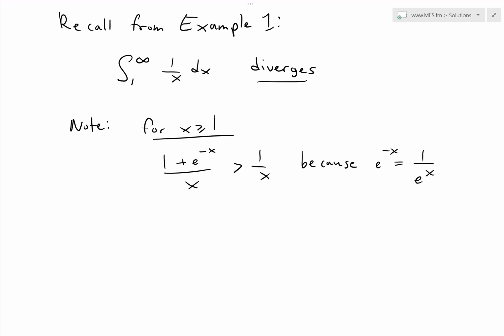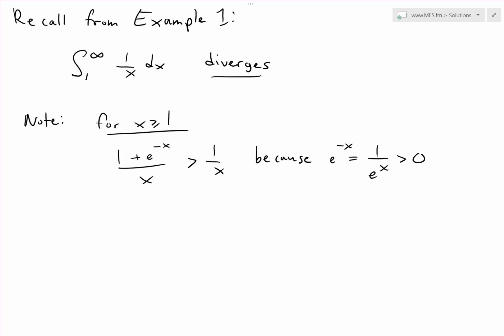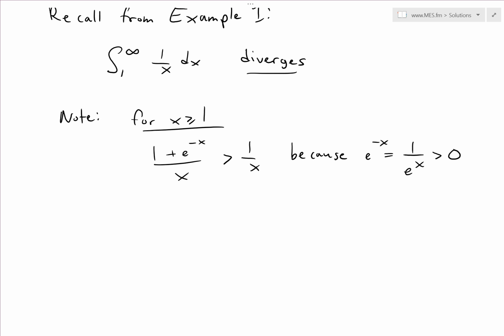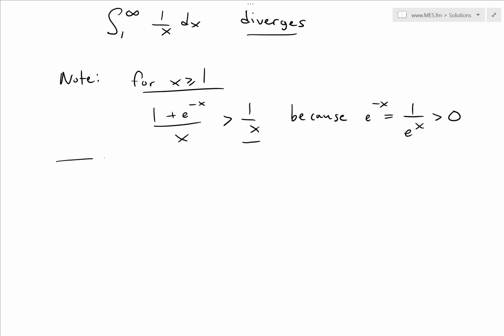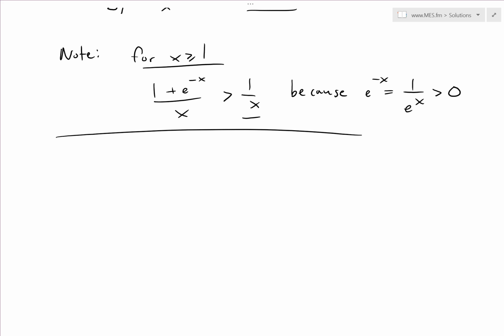So whatever value you put, it's always going to be positive, so it's always greater than 0. So all we're doing is adding something greater than 0 to this function here. So it's always going to be bigger than this.